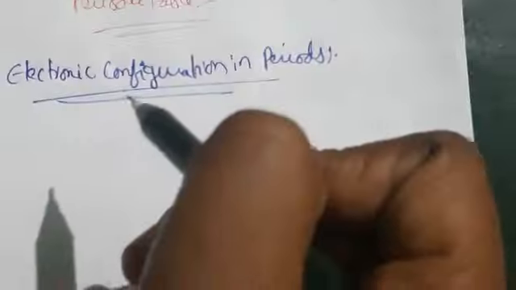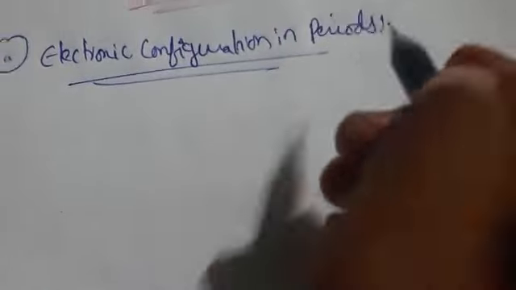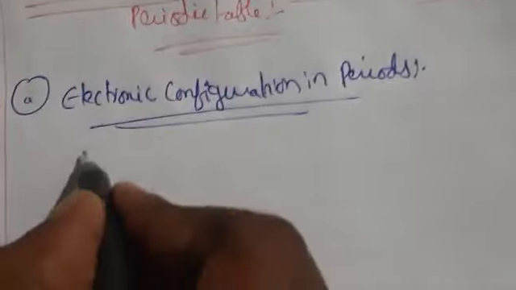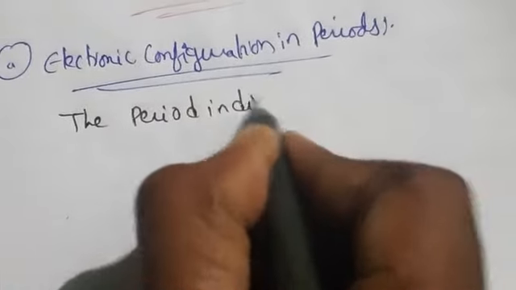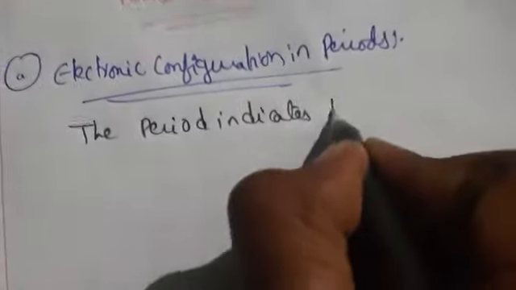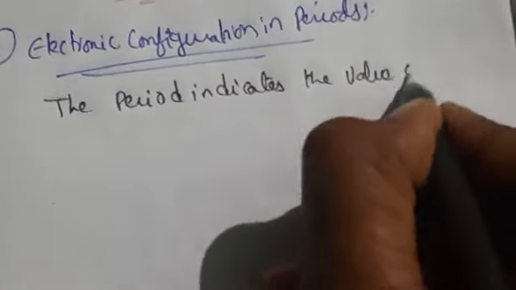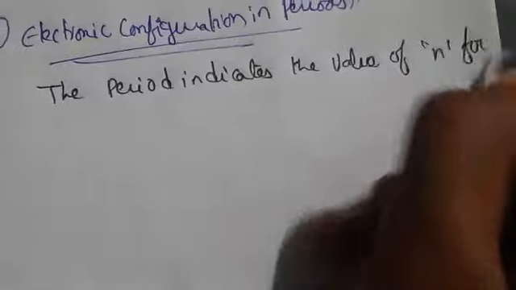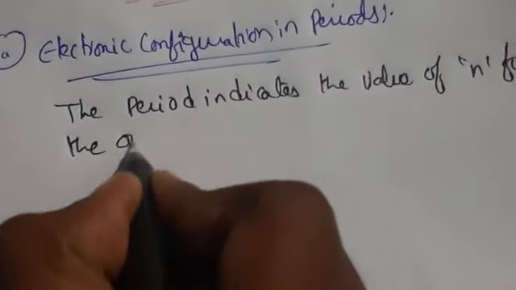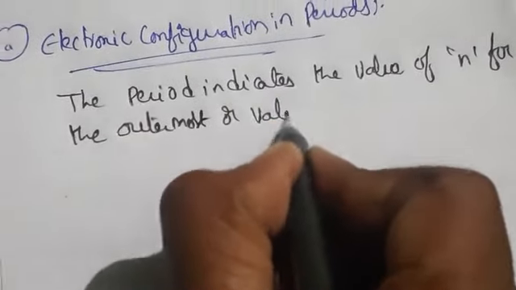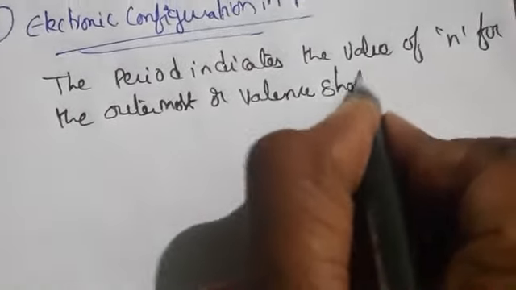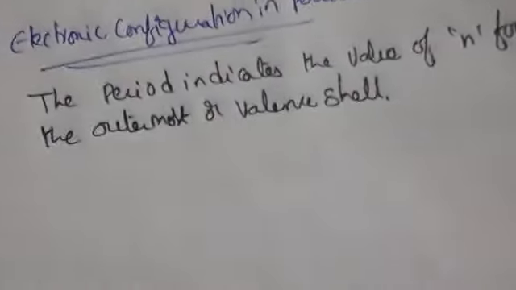In other words, the period in the periodic table is filling of the next higher principal energy level. The valence shell and the outermost shell, we say it as the same.